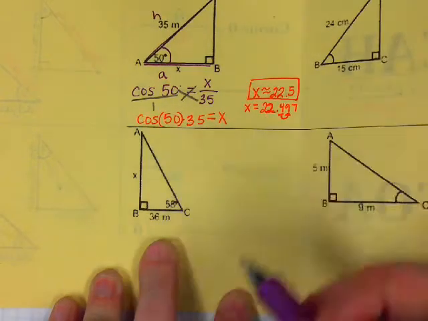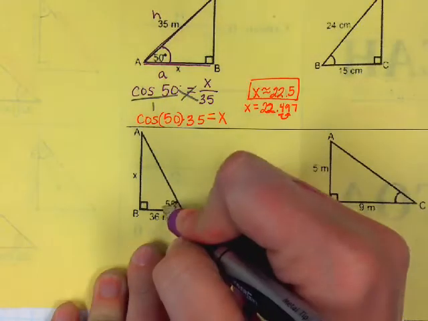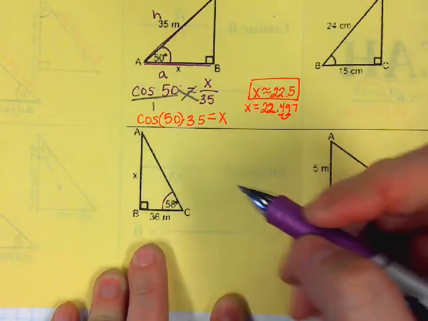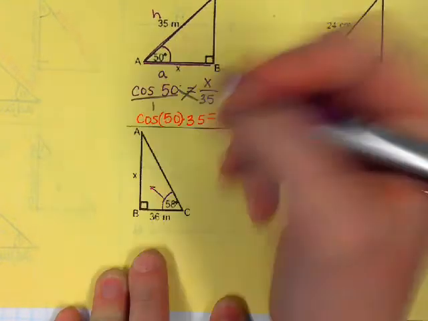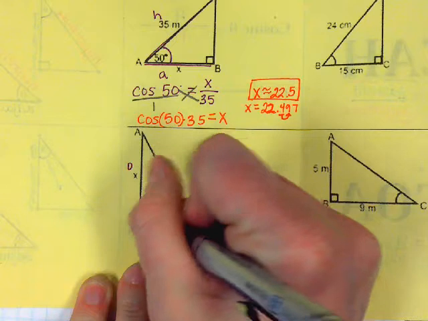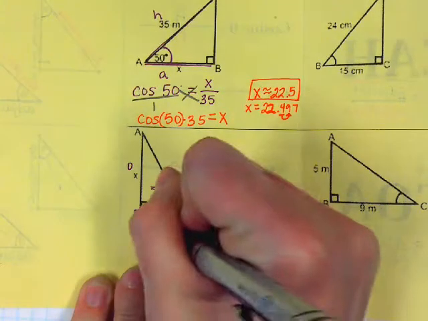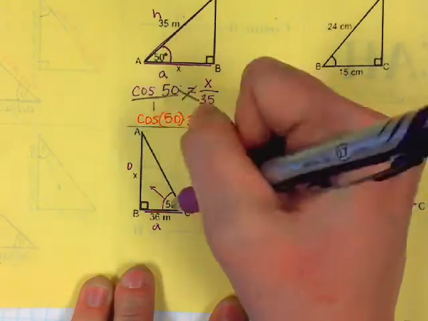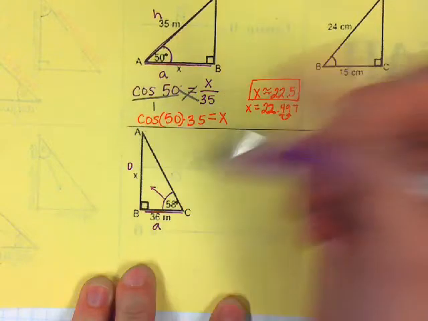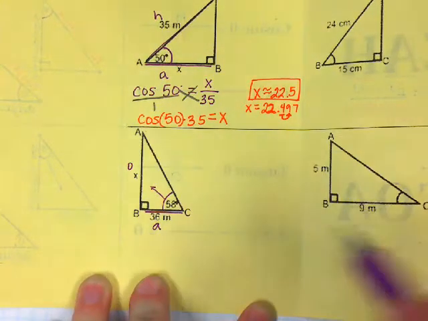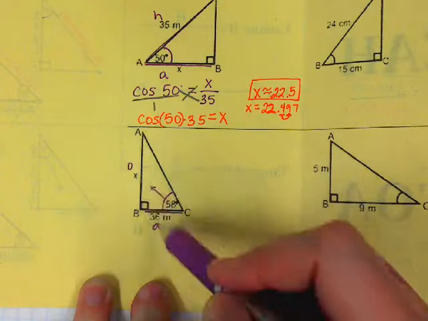Okay, we're only going to do one more example for now. We're looking at this angle, and I'm talking about the side opposite and the side adjacent. Notice it's not the hypotenuse, it's the side adjacent.